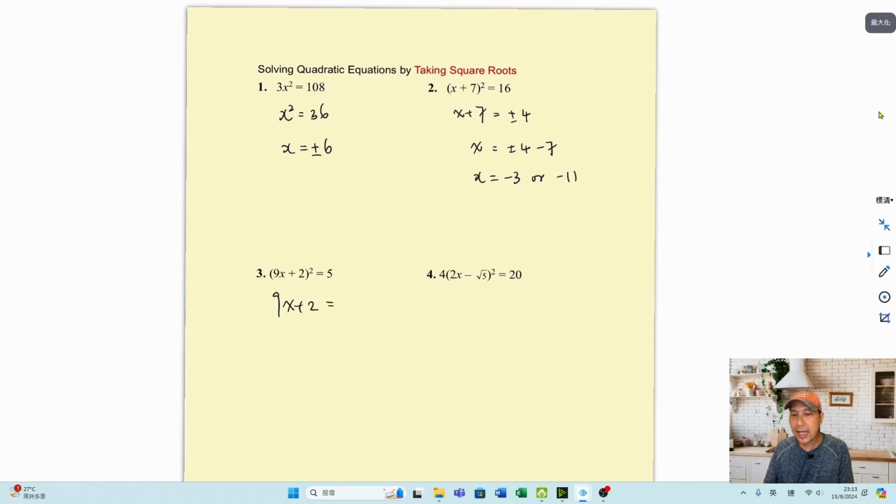On the right hand side, you cannot simply take the square root of 5 and get an integer. In this case, you just write positive or negative root 5. Then we move the 2 to the right hand side. Divided by 9.